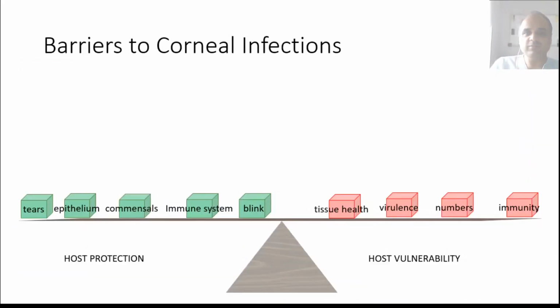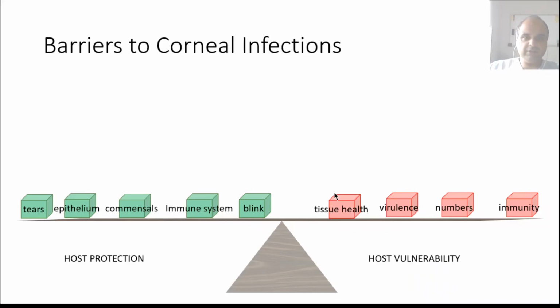So this is what it is. It's a very fine balance between what makes your tissues weak and what makes your tissue or your cornea protected. So it's the same set of factors that we have talked about before: your tear film, your corneal epithelium, the presence of commensals, your immune system generally, and the blink reflex. They're all protecting you.